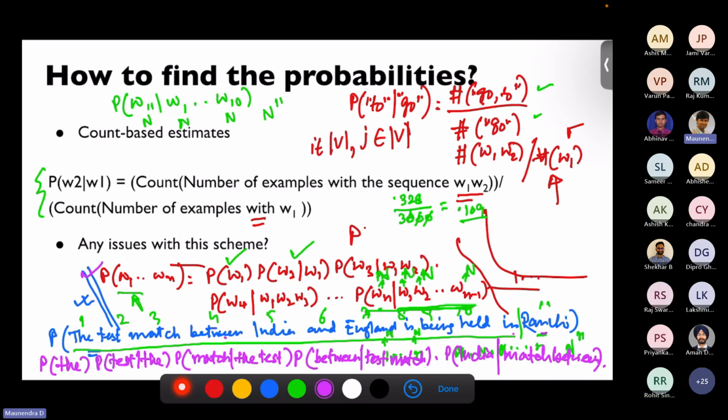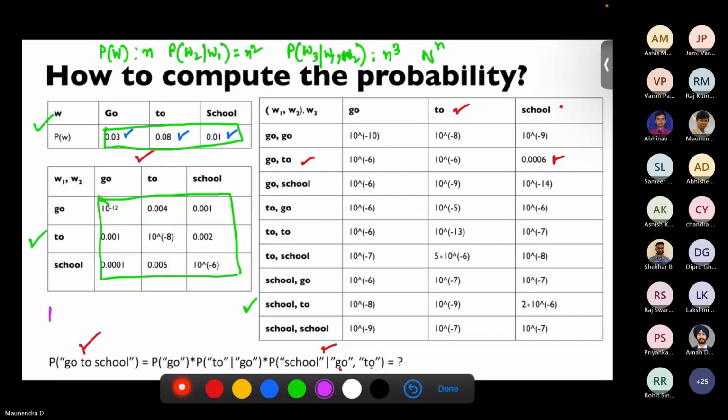If you look at the number of parameters, we'll have n for unigram, n square for bigram, and n cube for trigram. So it is big O of n cube. On the other hand, if we have the entire thing, it's much bigger.